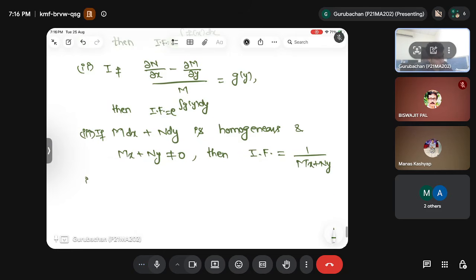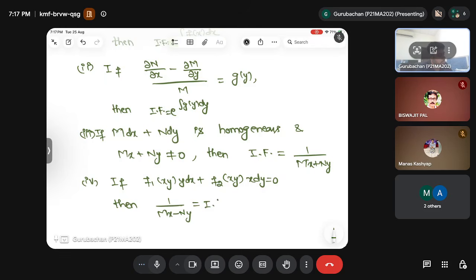The last one is if your differential equation is of the form f1(xy) y dx plus f2(xy) x dy is equal to 0, then 1 by mx minus ny will be the integrating factor, but mx minus ny should be non-zero.